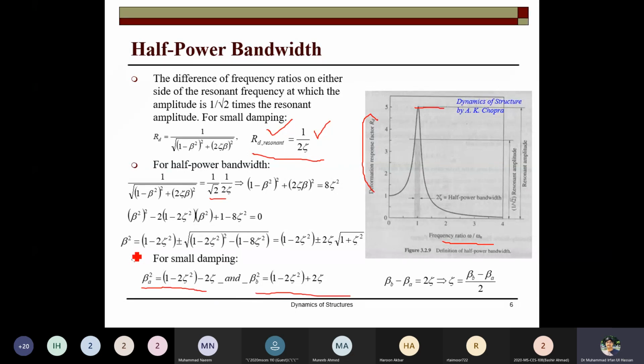Two roots आते हैं इसके, one in terms of plus and one in terms of minus, and then you take the difference of that and you get 2 zeta.